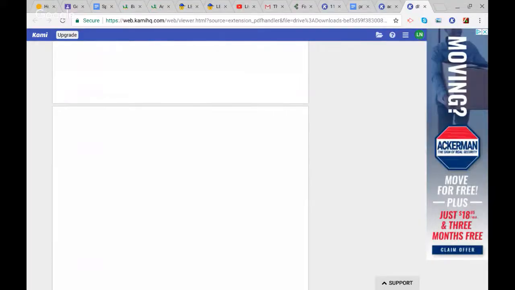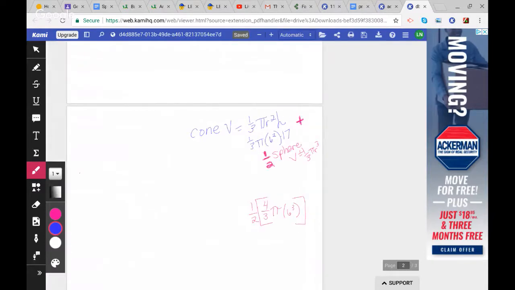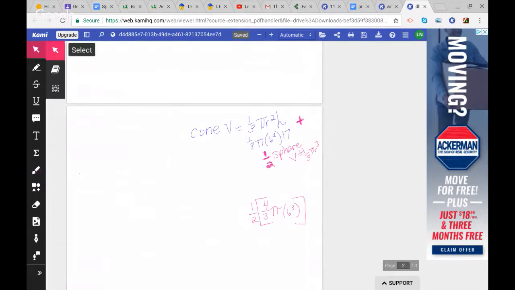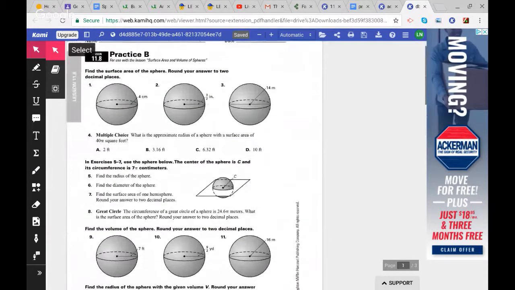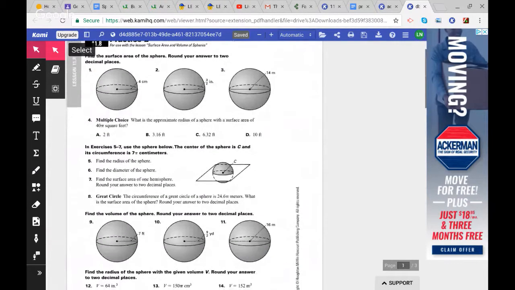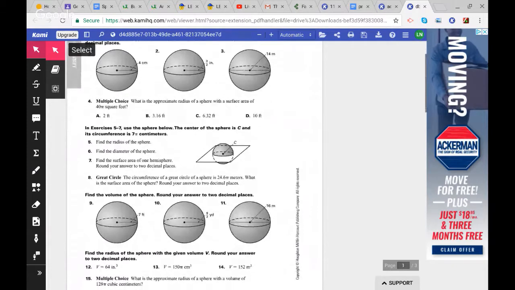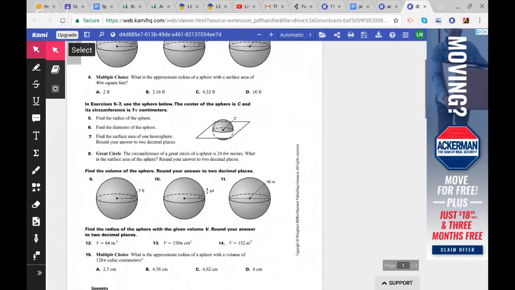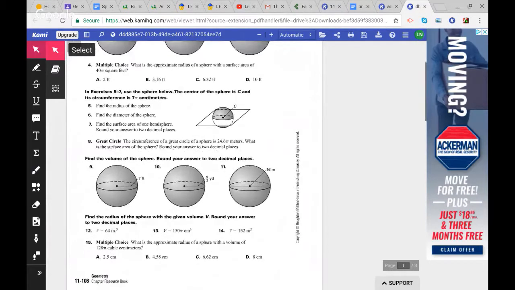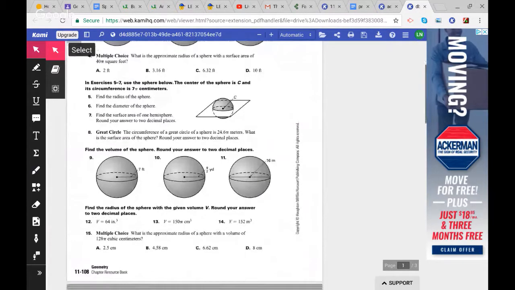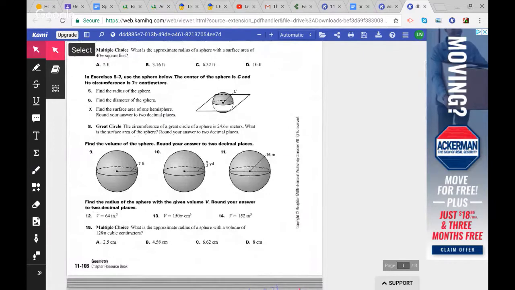I know some of them told you to find both. So if it tells you to find both, just do volume. Yeah, you don't have to do surface area, radius, diameter.